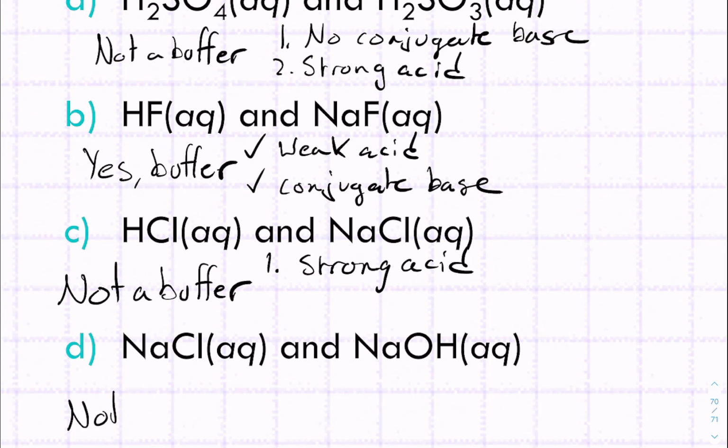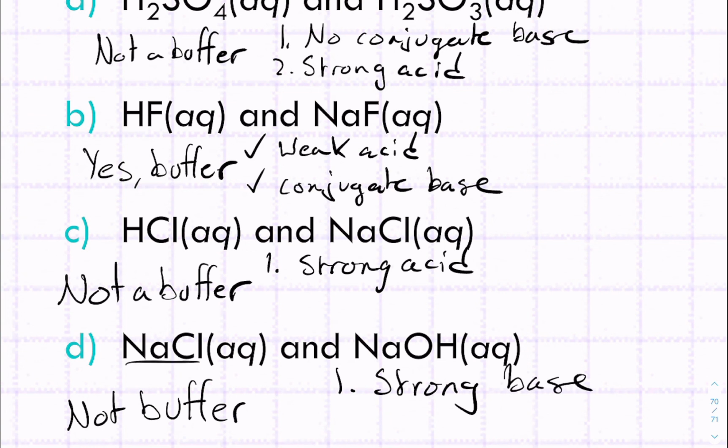So it's not a buffer because it's not a weak acid or base. And then sodium chloride is not a conjugate. Well, actually, it would be the conjugate base of hydrochloric acid, but it doesn't form a conjugate system with sodium hydroxide.